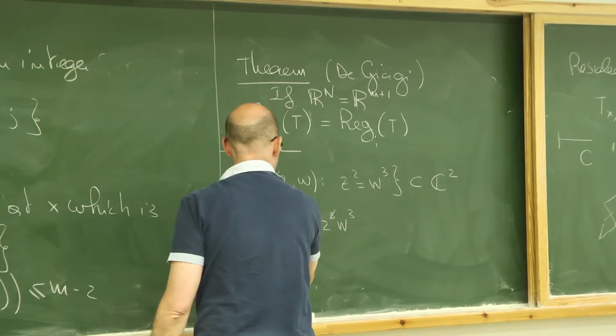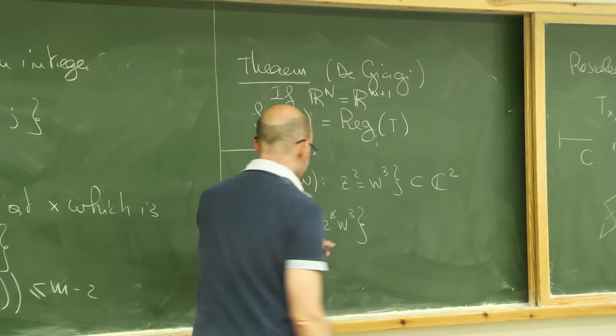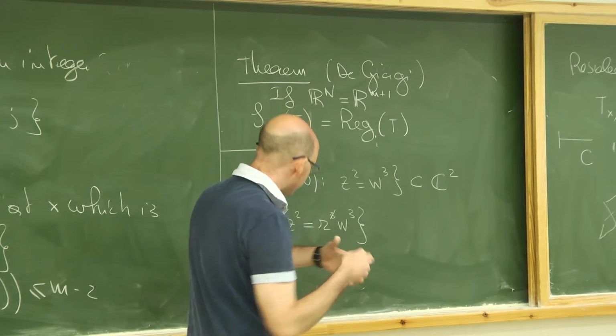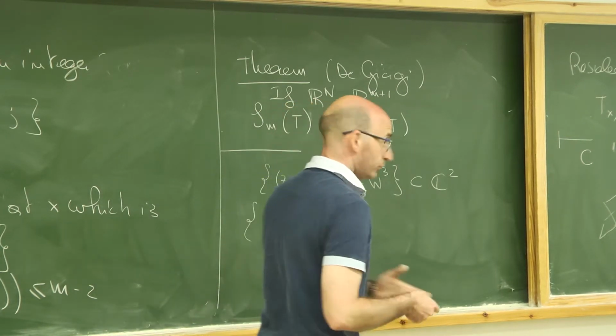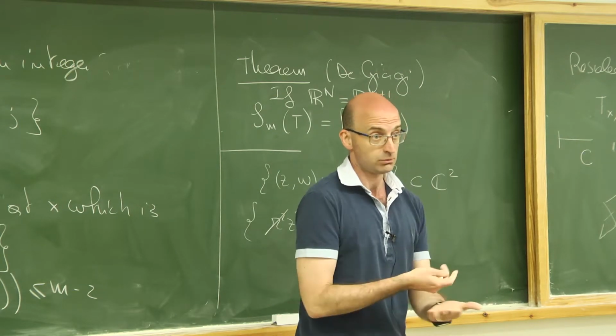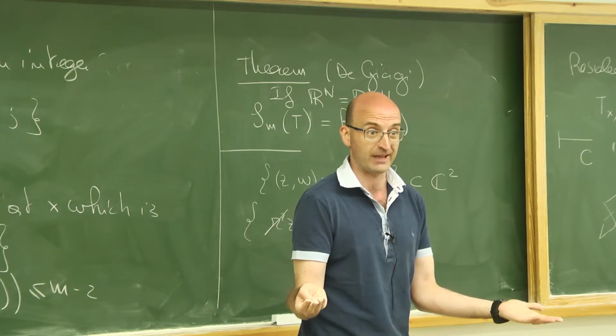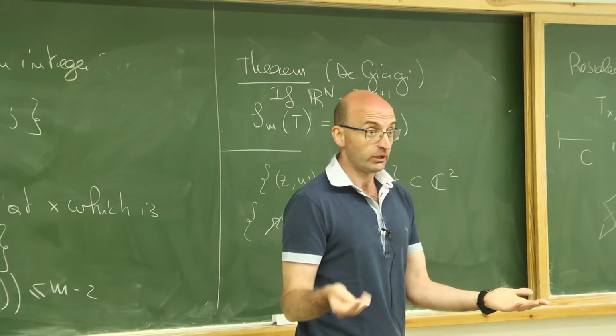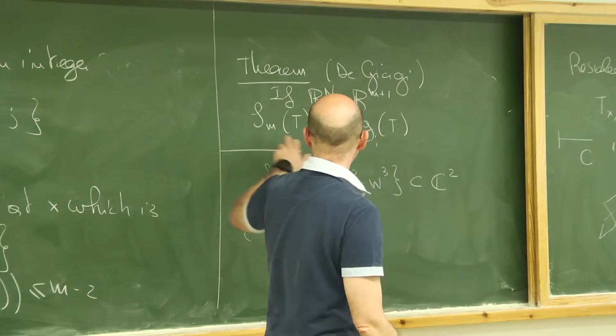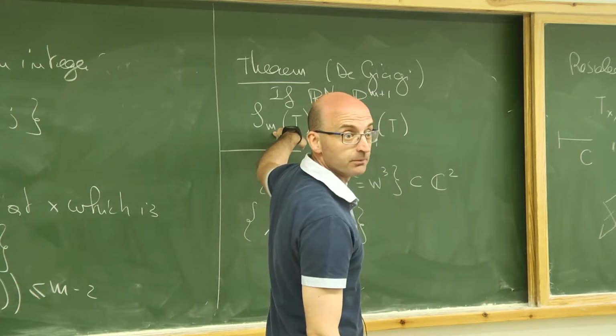This is my rescaled surface. And as I let R going to 0 in this rescaling, I'm actually converging to z^2 equals 0, which is a complex line. It's a complex plane. So it's a singular point in spite of the fact that it actually belongs to the top stratum.